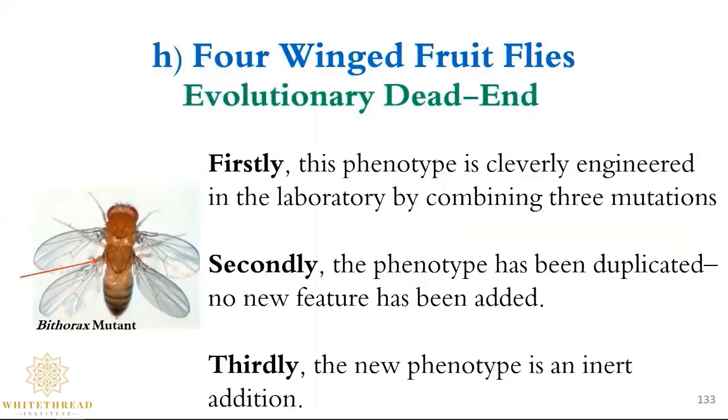So the conclusion is that this is a handicapped fruit fly. Neo-Darwinists will have you believe that this is a fruit fly that's got something beneficial to it. But the actual matter of fact is that here you have a handicapped fruit fly with all this extra useless weight on its back, and also a loss of the halteres, which is the balancer during the flight.